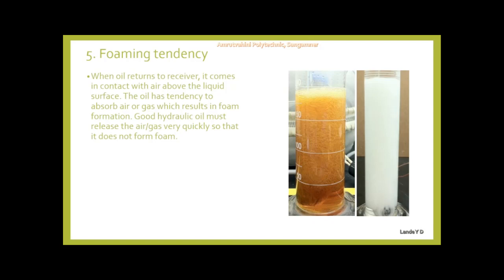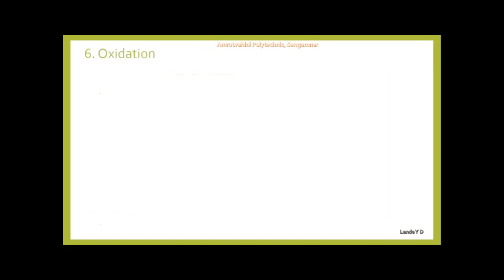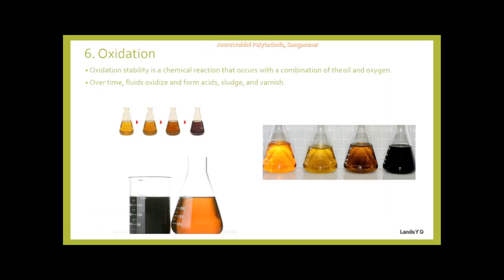The oil has a tendency to absorb air or gas, which results in foam formation. Good hydraulic oil must release the air or gas very quickly so that it does not form foam. 6. Oxidation. Oxidation stability is a chemical reaction that occurs with a combination of the oil and oxygen. Over time, fluids oxidize and form acids, sludge, and varnish.